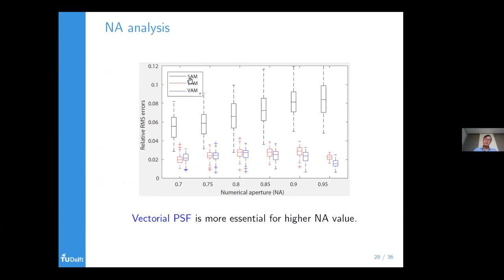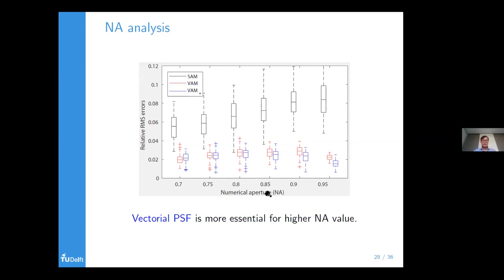Here we have three algorithms. SAM, where AM means alternating minimization, corresponds to alternating projection for scalar phase retrieval, and VAM is alternating projection for vector phase retrieval. The one with the plus sign indicates that the amplitude of the generalized pupil function is known.